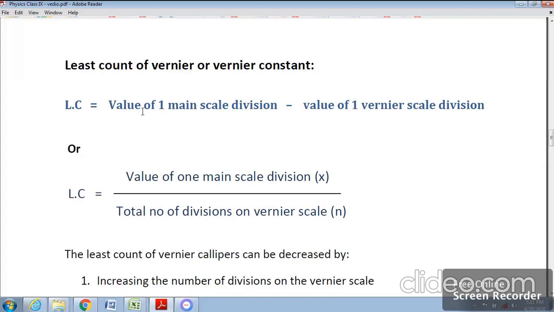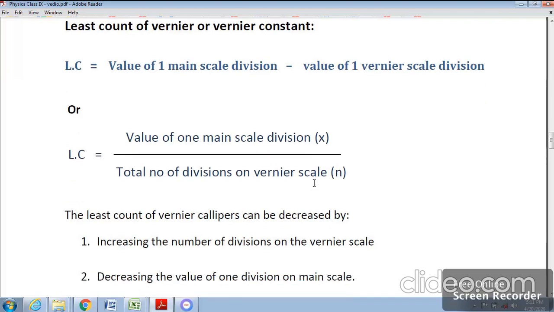Now, the least count of a vernier, or vernier constant. The least count of a vernier is equal to the difference between the value of one main scale division and one vernier scale division. That is also called the vernier constant. The main scale is graduated with the value of one division on it equal to 1 mm, and the graduations on the vernier scale are such that the length of n divisions of the vernier scale is equal to the length of n minus 1 divisions of the main scale.